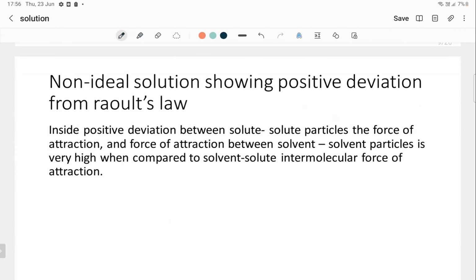If it is obeying Raoult's law, the line will be straight. When it is not obeying, what happens? Two kinds of deviations will be there. One will show the positive deviation and another will show a negative deviation. Clear?